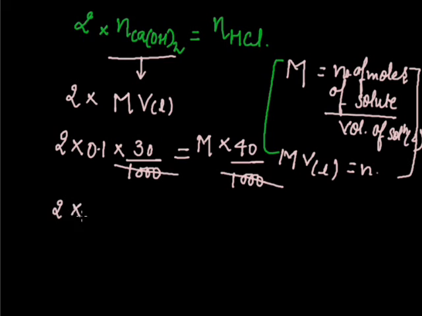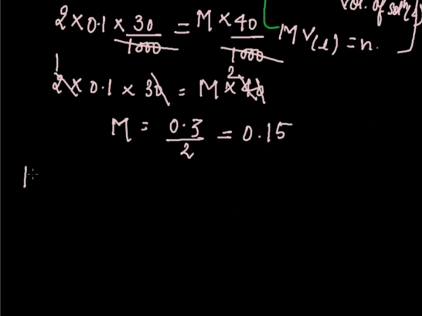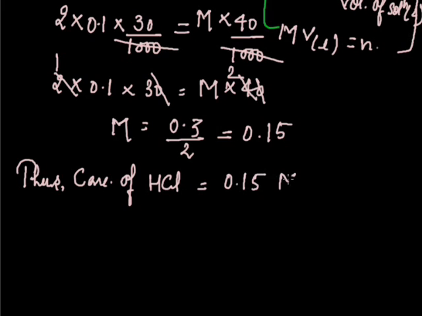It comes out to be 2 into 0.1 into 30 equal to M into 40. The 0 cancels, and this is 2 and this is 1. So the molarity will be 0.3 divided by 2, which is equal to 0.15. Thus we can say that the concentration of HCl is 0.15 molar.